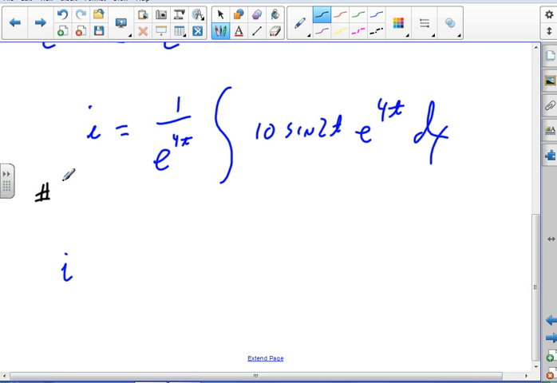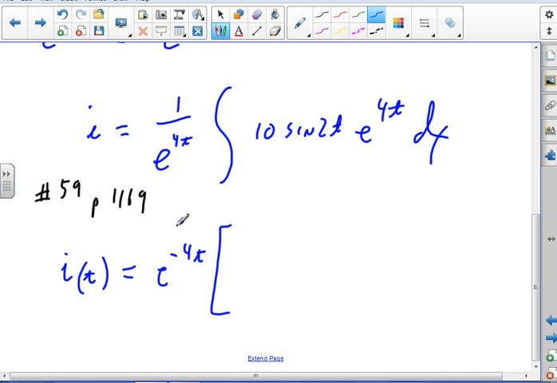Number 59, page 1169. All right, so I of t is going to equal e to the minus 4t times, we'll bring the 10 out because I don't need it on the inside.